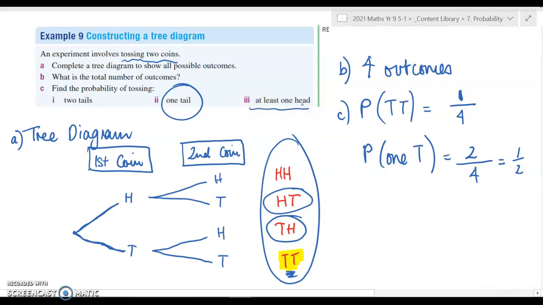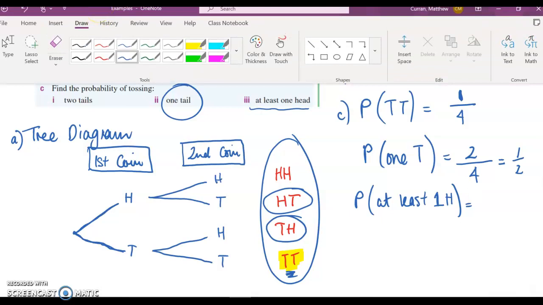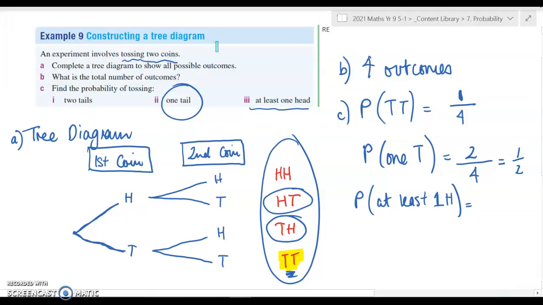In part 3, it's asking us to find the probability of at least one head. So what is the probability of at least one head? Well, it's important we know what that little phrase at least means. At least one means I could have one or more.